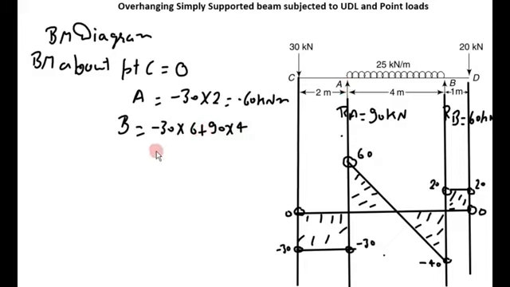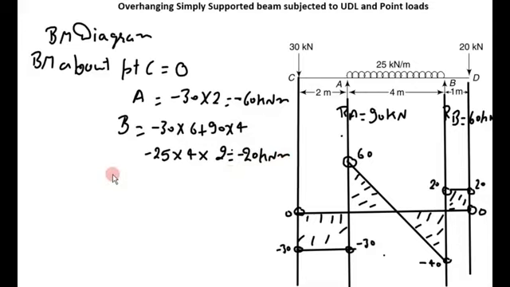And last one is UDL. UDL is 25 kilonewton per meter acting on 4 meter, and distance of its CG from point B is 2 meter, and this tends to rotate the beam in anti-clockwise direction. So this comes out as minus 20 kilonewton meter.